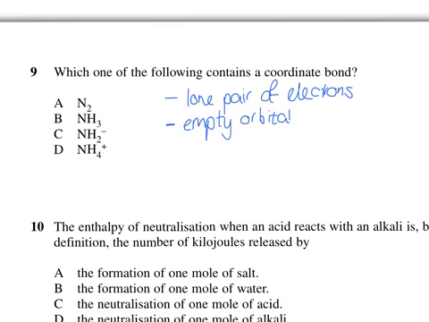And so we know that when nitrogen forms compounds, it forms 3 bonds, and that leaves it with 1 lone pair. So take the example of ammonia, and I'm going to draw ammonia on its side here.